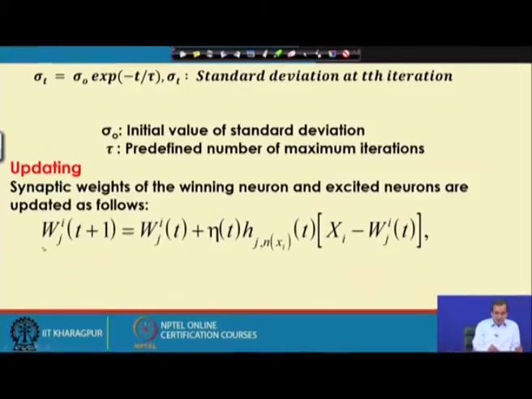What will happen to the value at the (t+1)th iteration depends on the value of the connecting weight at the tth iteration, plus eta(t), the learning rate, then comes h_j,n(x_i), the neighborhood function, into (x_i minus w_ji(t)). x_i is nothing but the input vector in higher dimension, w_ji is the connecting weight in higher dimension.